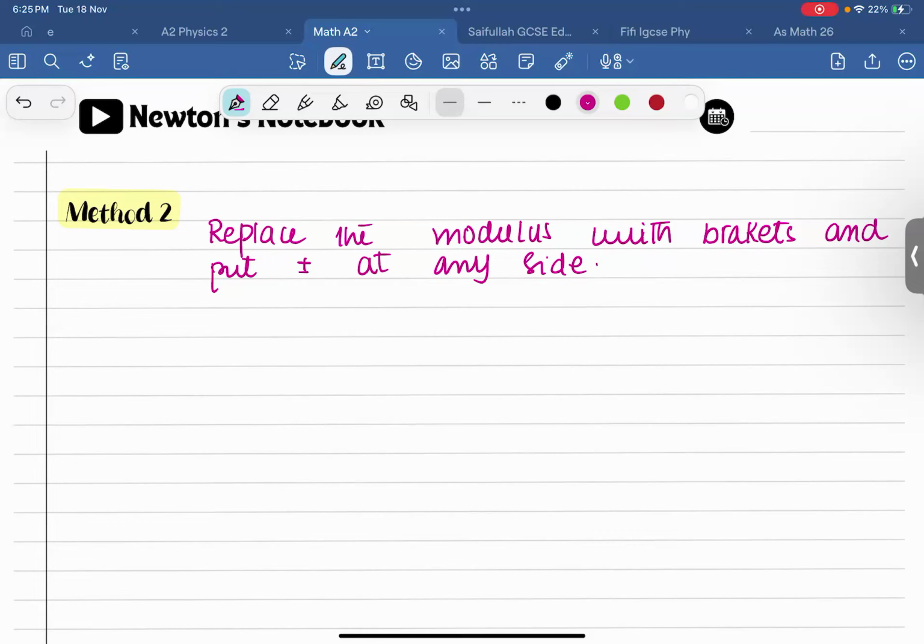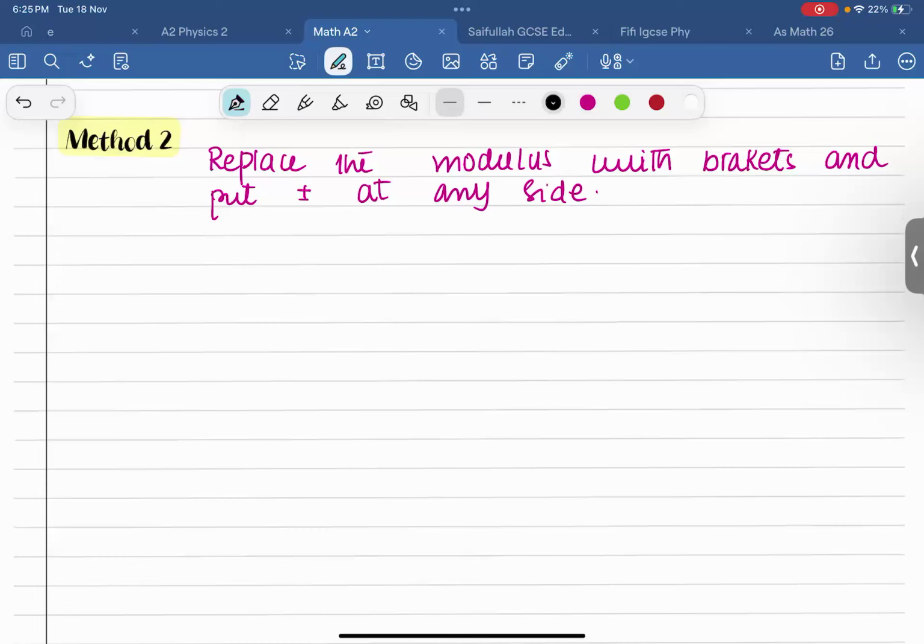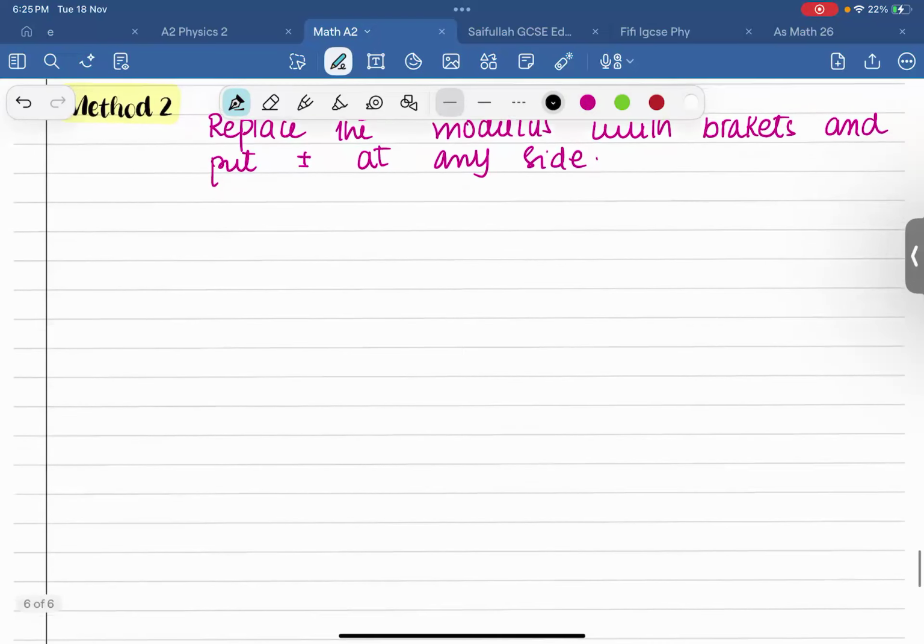Okay, so now if we apply this in a question, let's say I have this similar question from May June, June 2016, variant 33, question number 1, right from the paper.